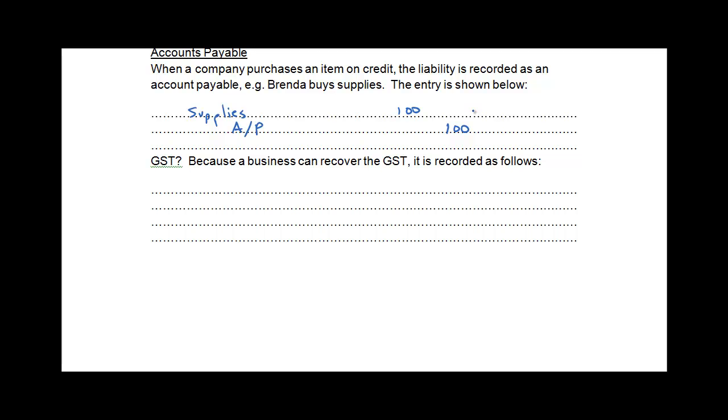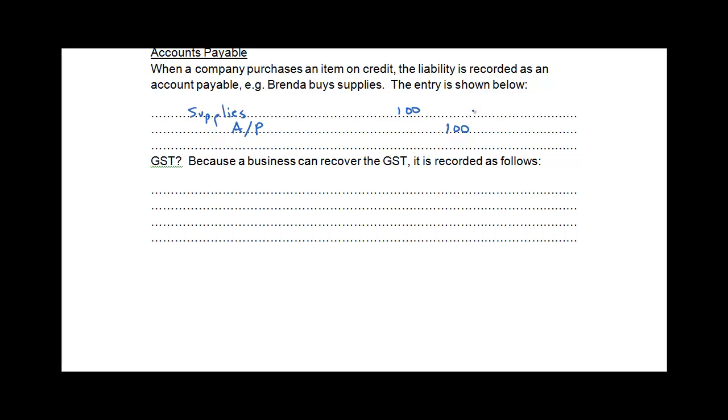Now, but what if we pay tax on that? Well, turns out that GST or HST in those provinces that have it, it's not quite an expense in the way other taxes are. The way GST works is a business, it's a value-added tax. So a business only pays tax on the profit it gets on a buying and selling transaction, not on the full amount.